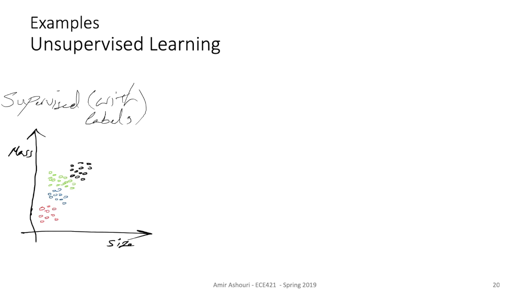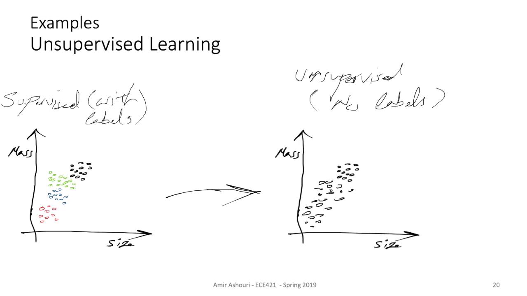But if you go unsupervised, it's as if I remove the colors from the coins here and represent the data just like this. So instead of having that, you're going to have this. It makes the problem a little bit harder because you don't know how to start checking if your predictor was doing correctly or not. There are other techniques that you can apply, like clustering, that we're going to mention later, and it's going to help you identify them, maybe by their shape, by their mass, or other information.